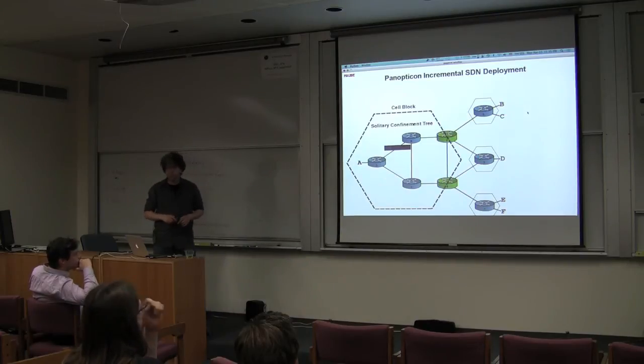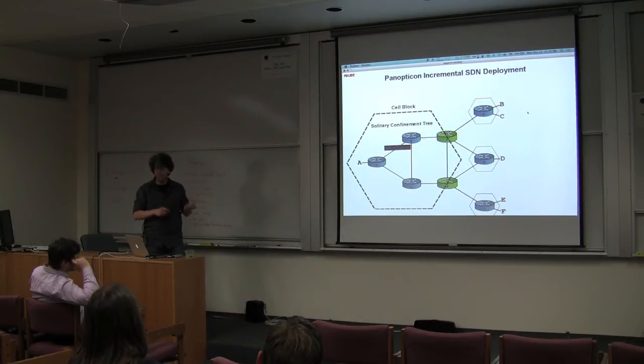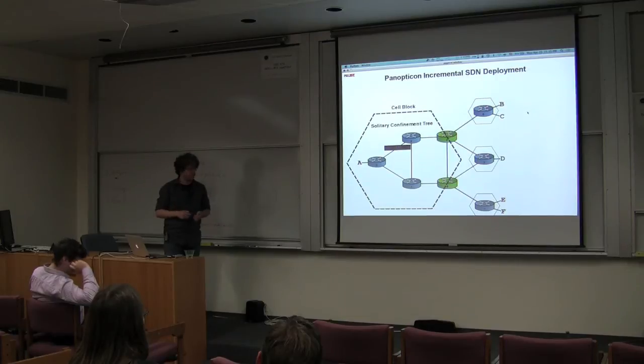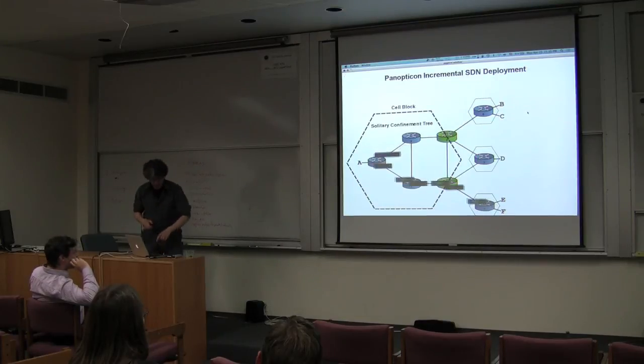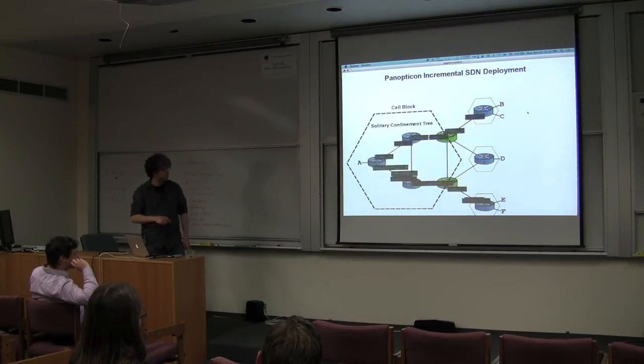And what I'll be demonstrating is how we actually reuse the fault tolerance mechanisms of the spanning tree protocol in the legacy network to allow us to accommodate failures in maybe an even more graceful way than what would be possible with SDN alone. So I'm going to let the simulation run, and you're going to see packets being traversed between the endpoints. And this link is going to fail.